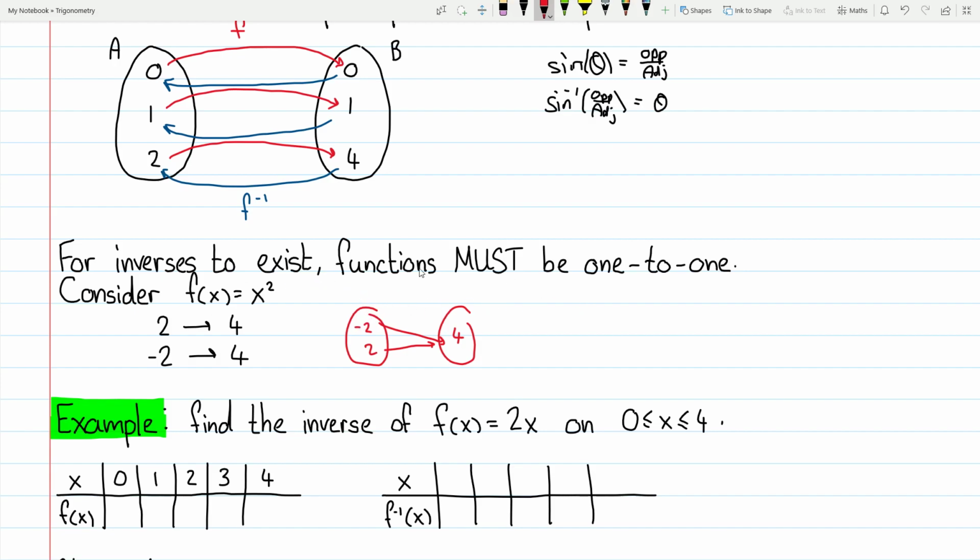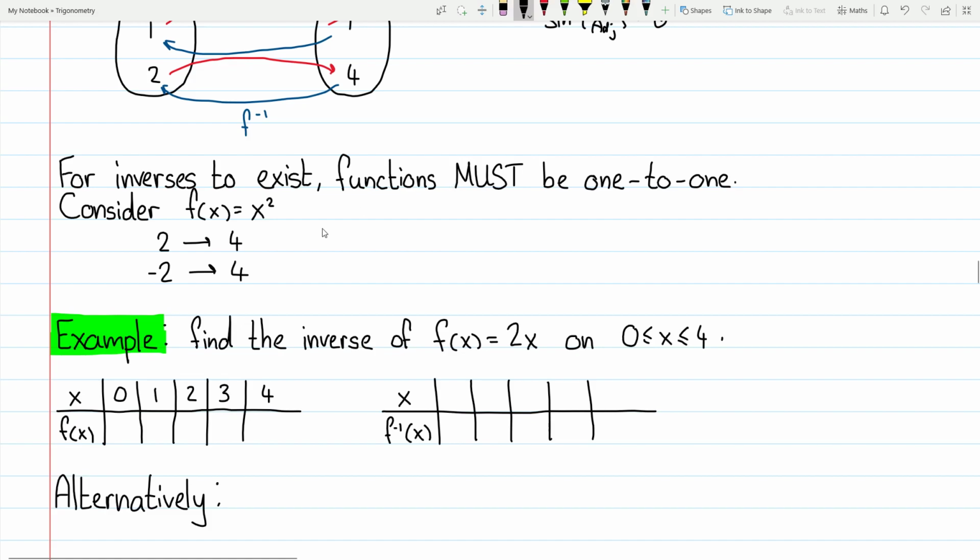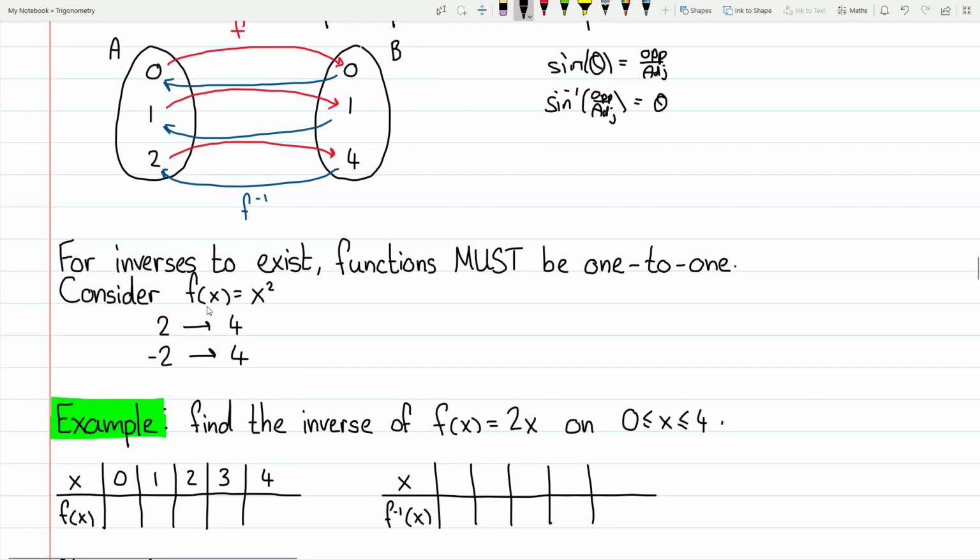But for the inverse function to exist, we need to be able to take the output and map it back to the input, which would mean sending 4 to both 2 and -2. But that's not allowed for functions. We can't have one input mapping to multiple outputs. So in order for the inverse to be well defined, we need the property of being one-to-one.